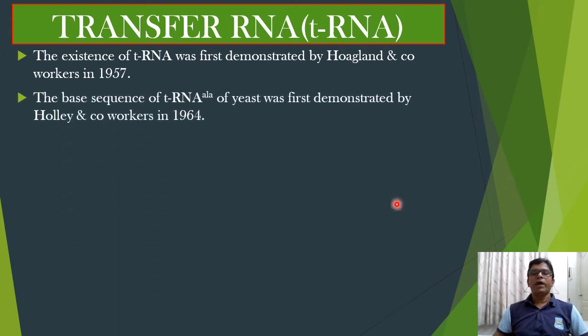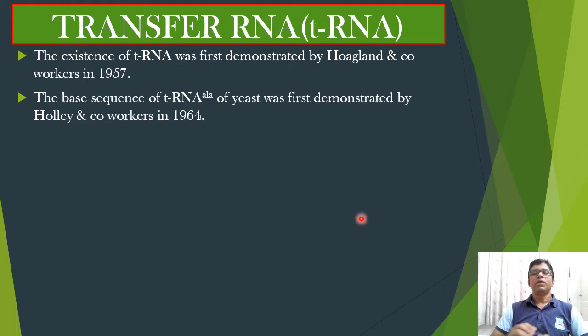The nitrogen base sequence of alanine tRNA of yeast was first demonstrated by Holley and his co-workers in the year 1964. For his credit, Holley got a Nobel Prize in the year 1965.